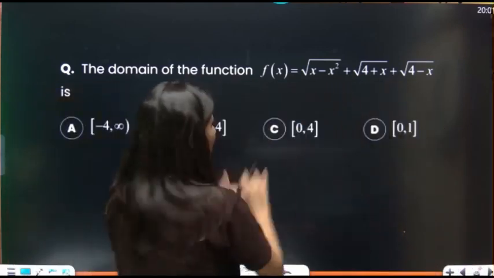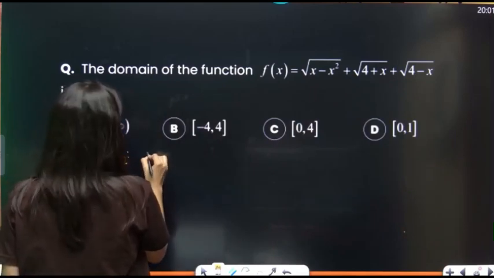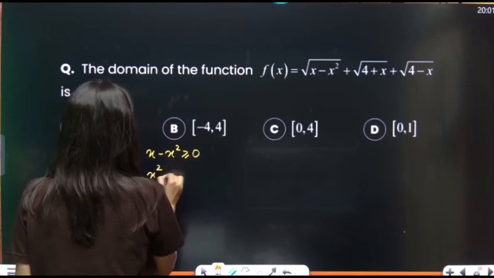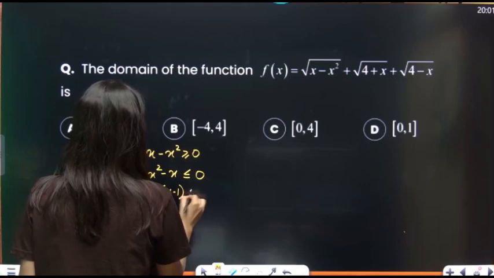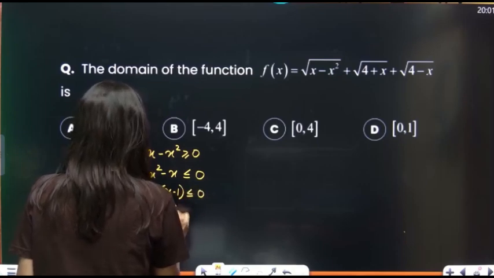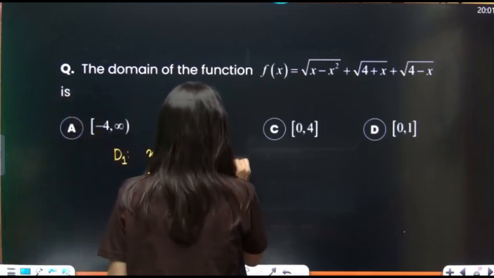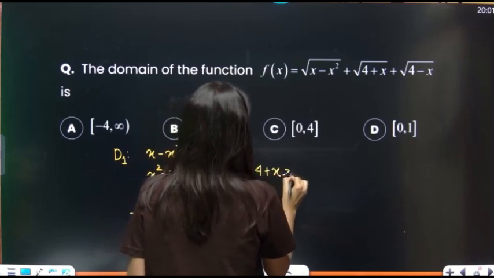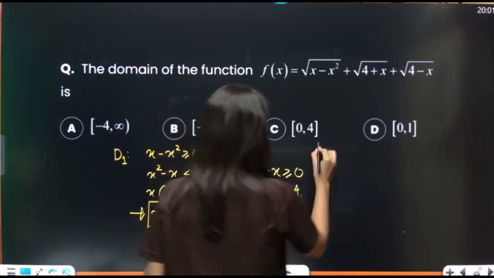Okay, so I think 3 domains will be calculated. D1, which is x minus x square greater than or equal to 0, x square minus x less than or equal to 0, x minus 1 less than or equal to 0, x belongs to 0 to 1. Now D2, 4 plus x should be greater than or equal to 0, x is greater than or equal to minus 4.